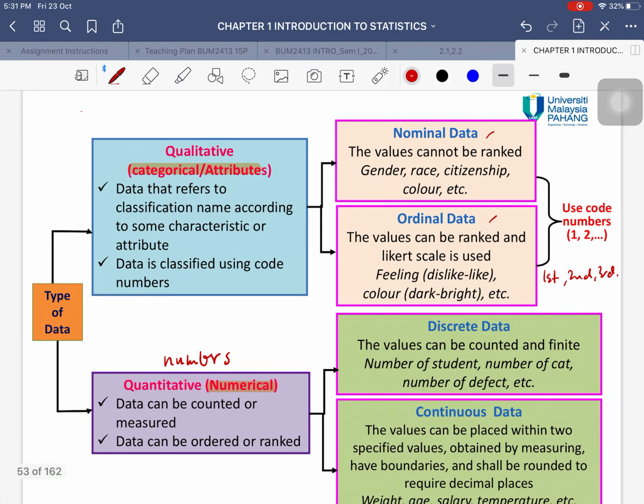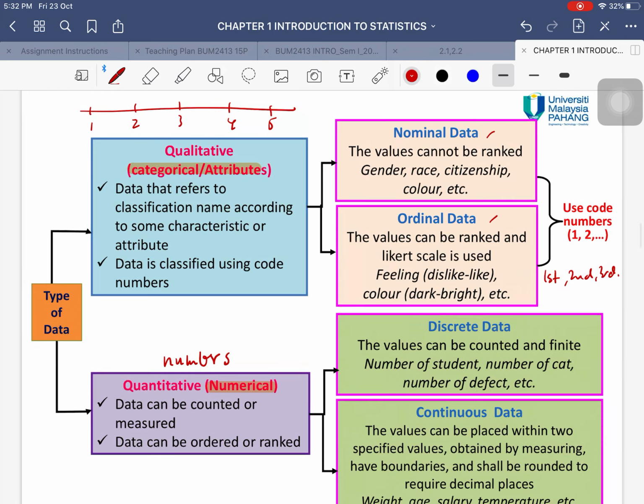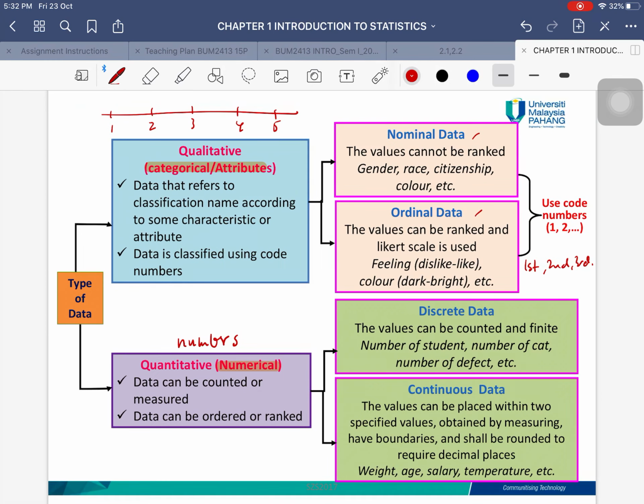Feeling or color from dark to bright. For example, if I do a survey, the scale is going to be 1, 2, 3, 4, 5. For example, I bought a chat time drink and people are asked how much they like the drink. So this starts from don't like until like.